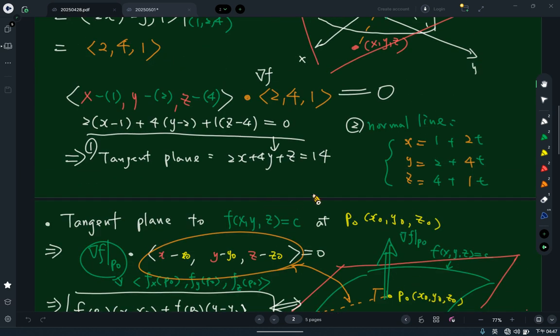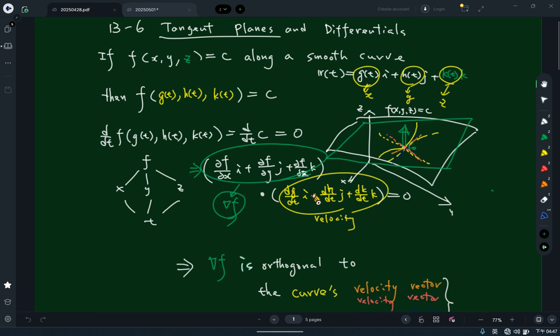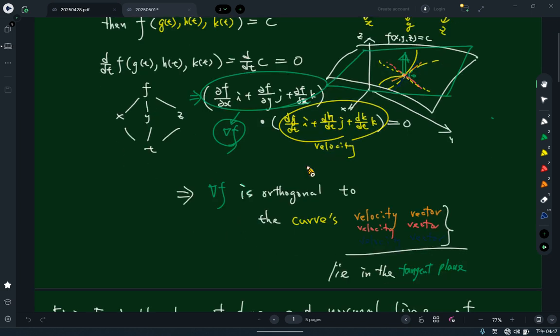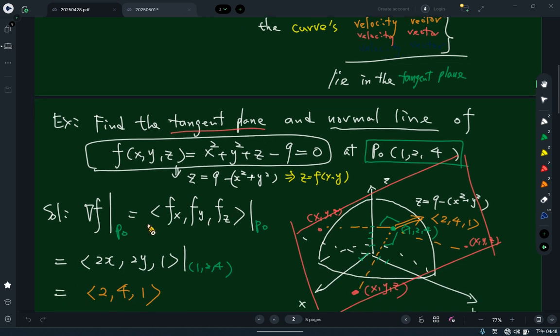On Monday, we learned that the gradient can help us get the tangent plane. If you are given a surface function and want the tangent plane, the first thing to do is get its gradient.